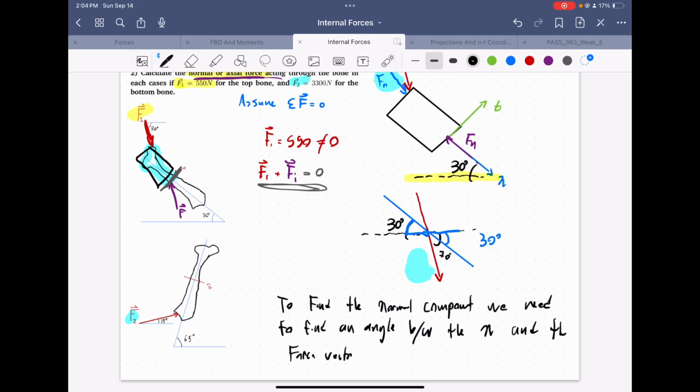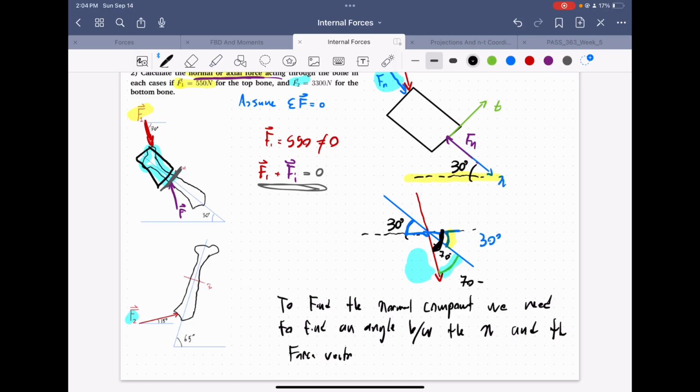So here we can do that because we know that this full angle is 70 degrees and that this small angle is 30. So that allows us to calculate this angle, which is going to be 70, the full thing, minus this portion right here, which leaves us this portion.